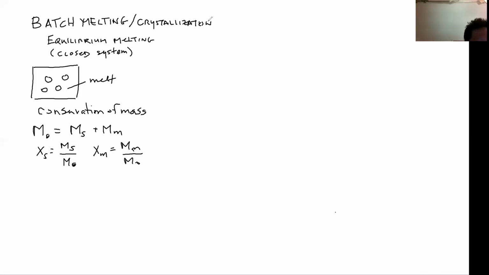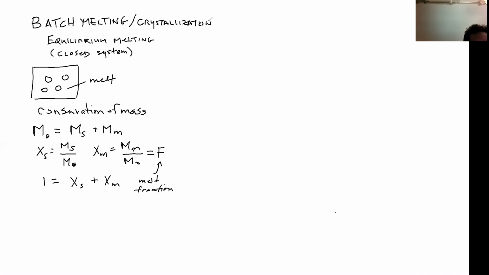And if I divide that first equation by m0, then what I'll have is 1 is equal to xs plus xm. To keep things simple, I'm going to call this thing F. From now on, this thing is the melt fraction.